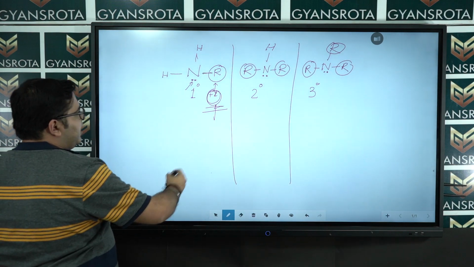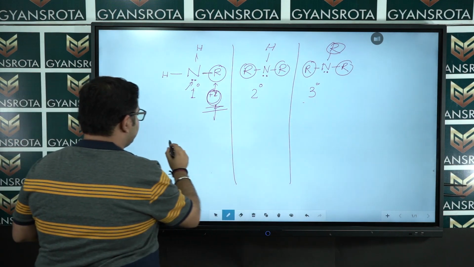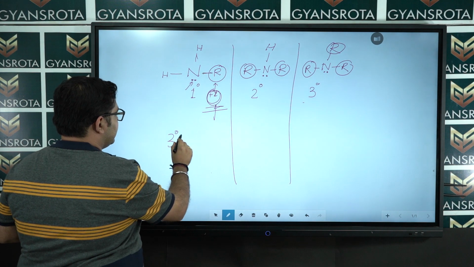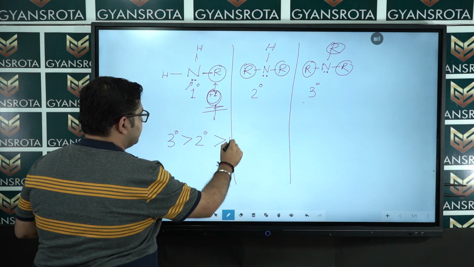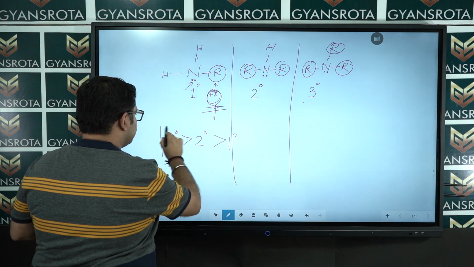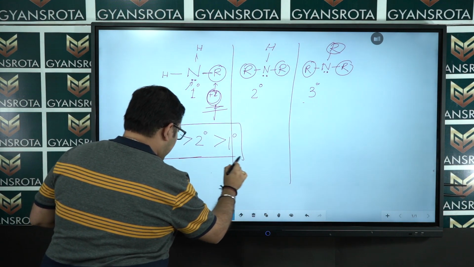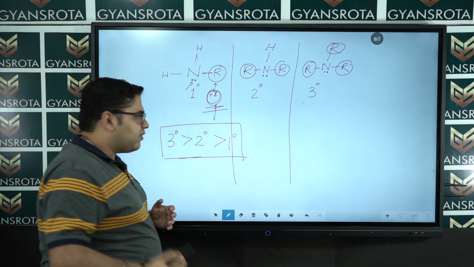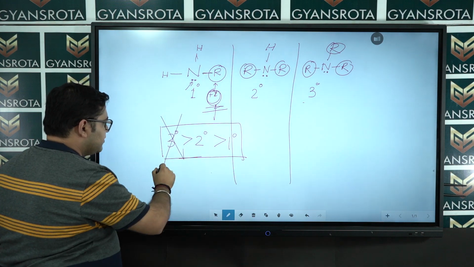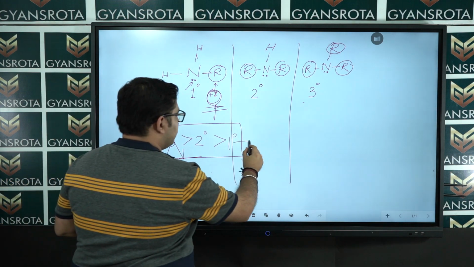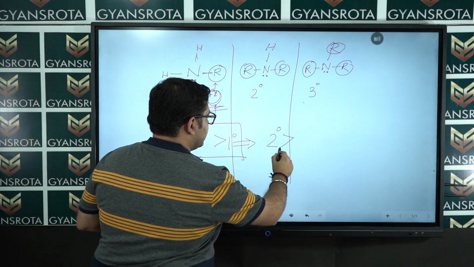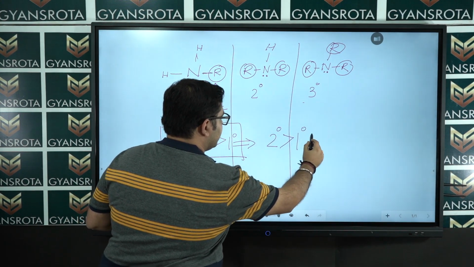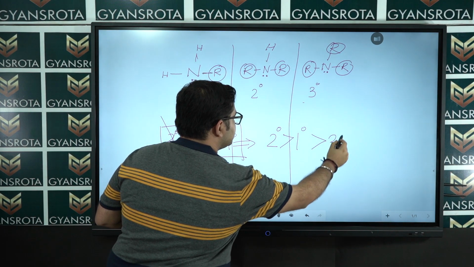So, we should get the order like this: tertiary first, then secondary, and then primary. But amines don't follow this order. They follow secondary, then primary, and then tertiary.